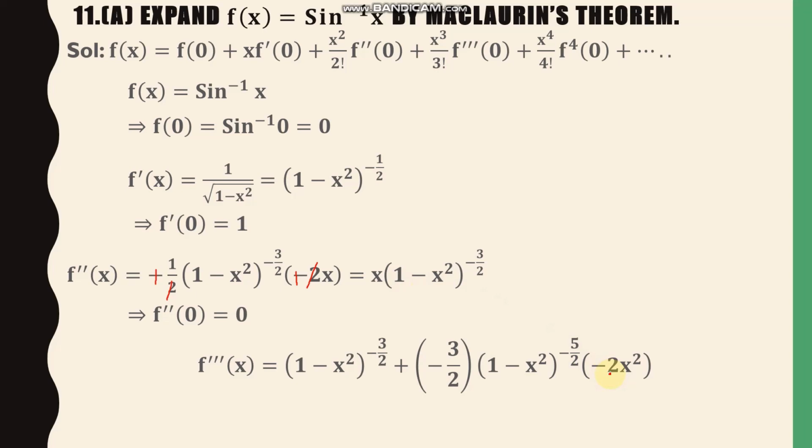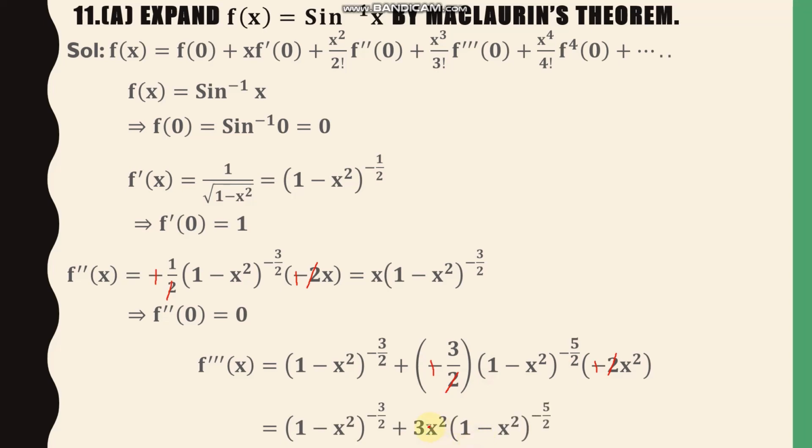Derivative of 1 minus x square is minus 2x, and x will be multiplied with it, so it will become minus 2x square. So this and this will give me plus, and 2 gets cancelled with 2, so we get 3x square, 1 minus x square to the power minus 5 by 2.